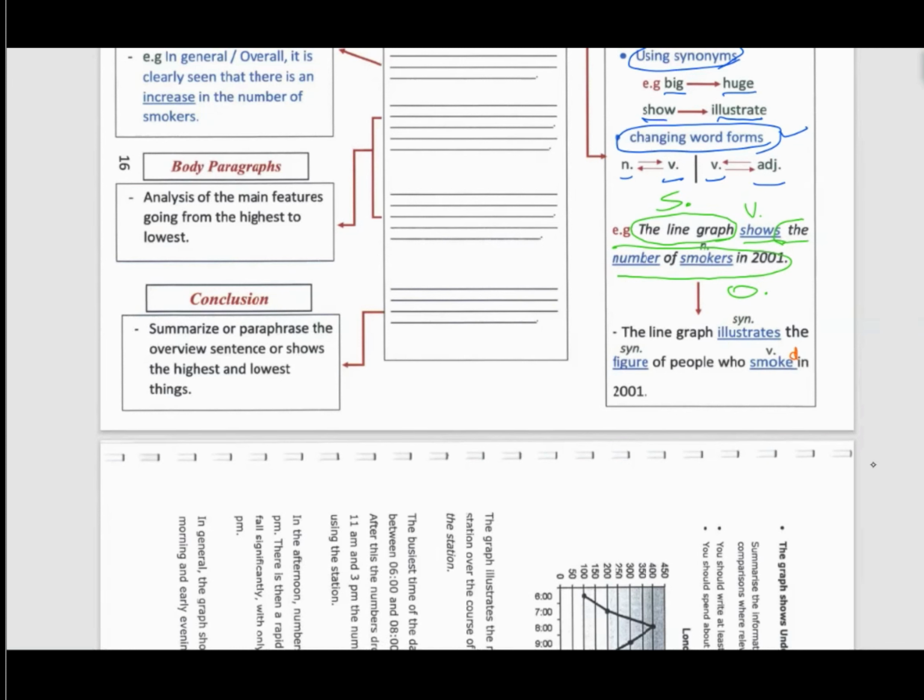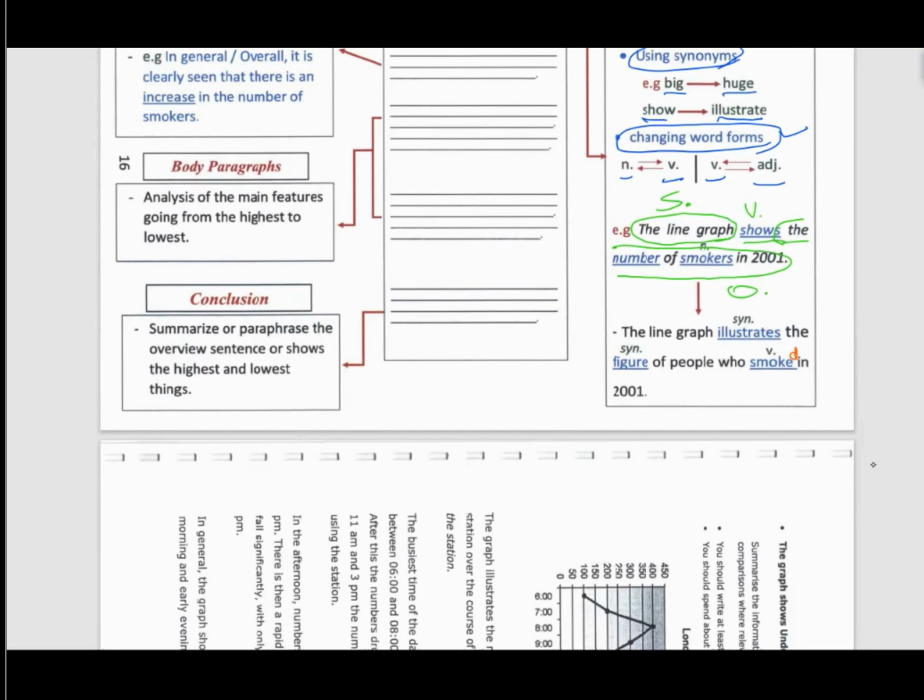Okay, if we want to change this sentence from active to passive, what would we say? The line graph shows the number of smokers 2001. Change it to the passive. Do you know? Can you try?